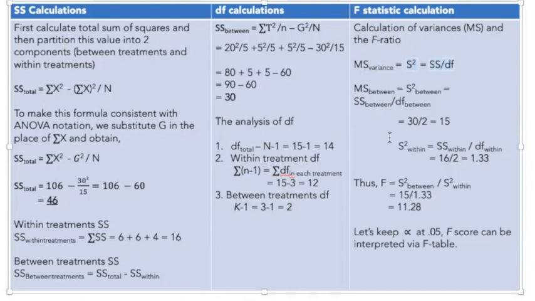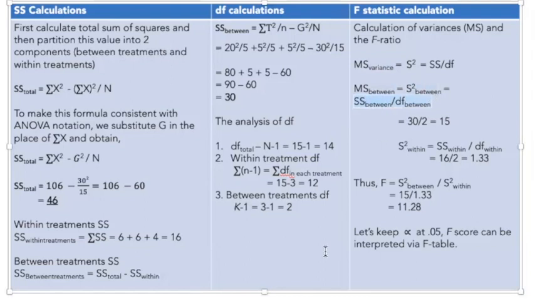And then you have MS between variance, represented as variance between, which is equal to sum of squares between divided by degrees of freedom between.